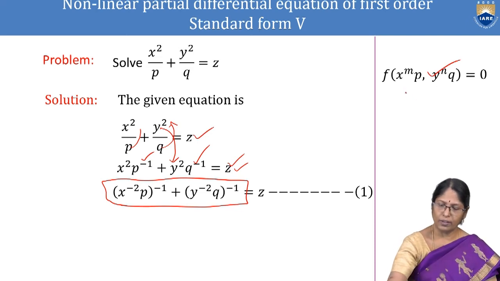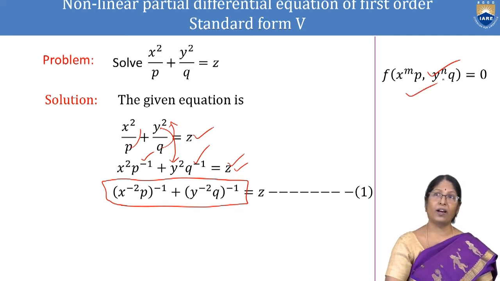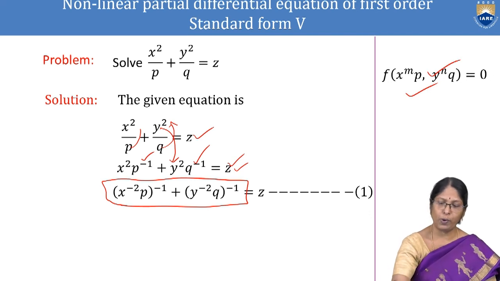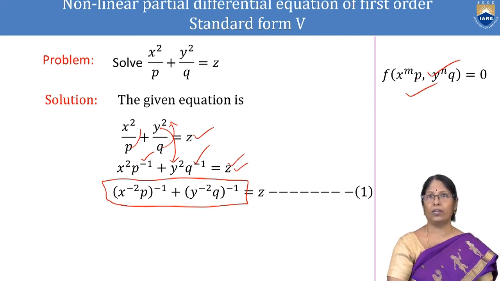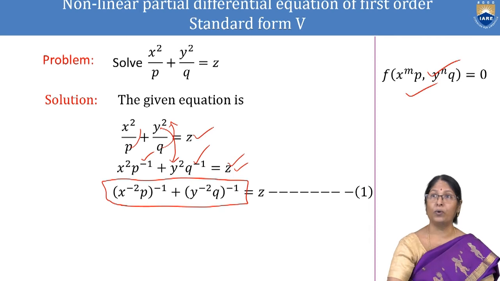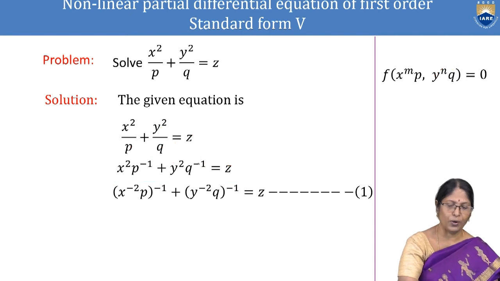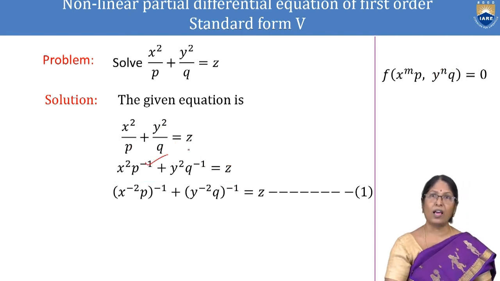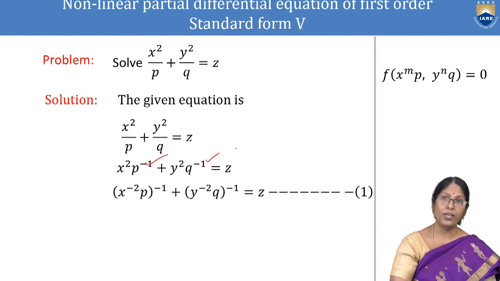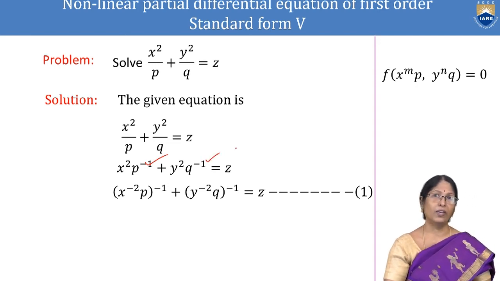Because the standard form 5 condition is x power m into p. That means p should have the power plus 1. y can be any power into q, and q should have the power plus 1. In the previous step, p is having the power minus 1, and here q is having the power minus 1.